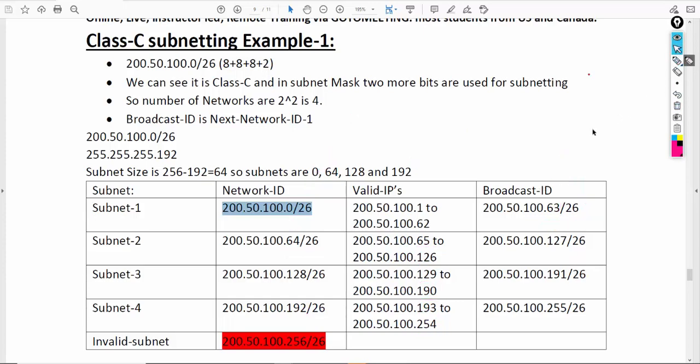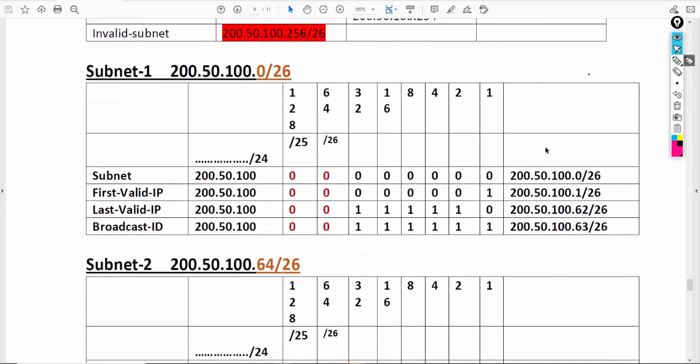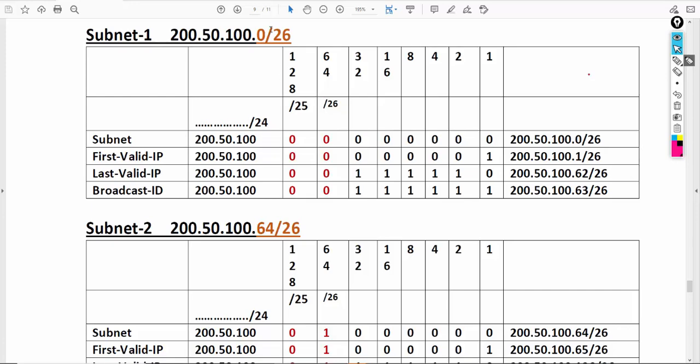If you want to know more about this, I'm going to show you the binary bits now. Subnet number 1, 0/26. Remember, /24 is the default subnet mask. We know 128, 64, 32, 16, 8, 4, 2, 1. Now we are borrowing 2 bits for subnetting, so the subnets are 00, 01, 10, 11.